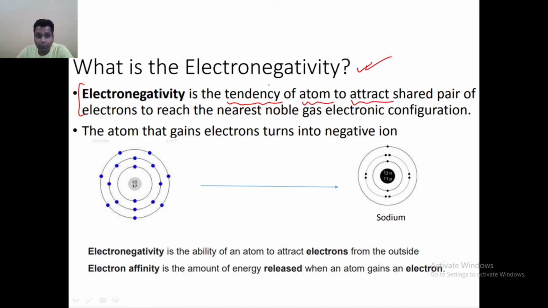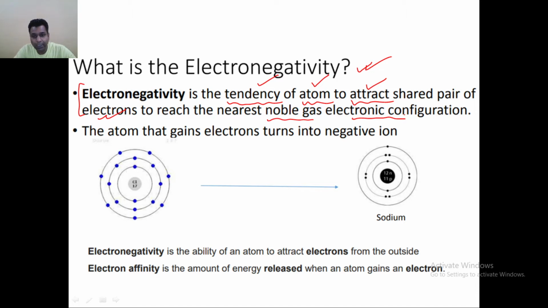So we have noticed three things: it's a tendency of what? Tendency of the atom. And what is that tendency? To attract. And what is it going to attract? It is going to attract the electrons to reach the nearest noble gas electronic configuration. Now what is the noble gas electronic configuration?